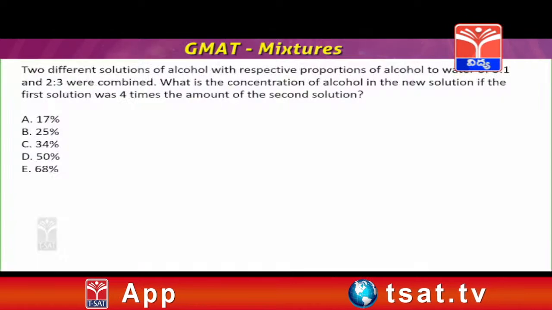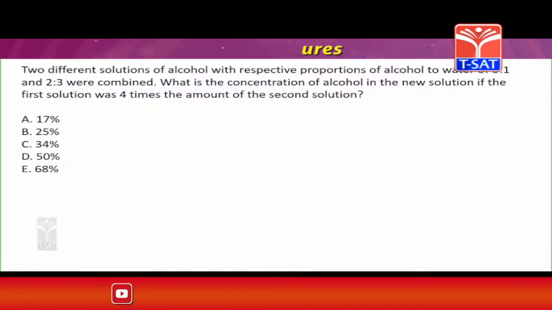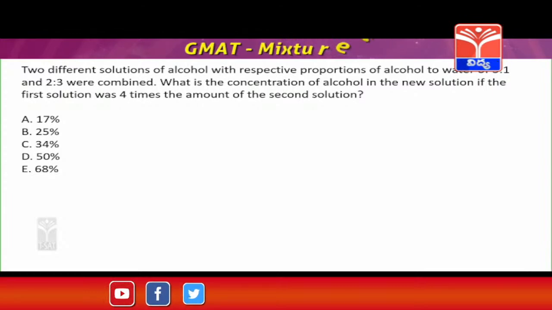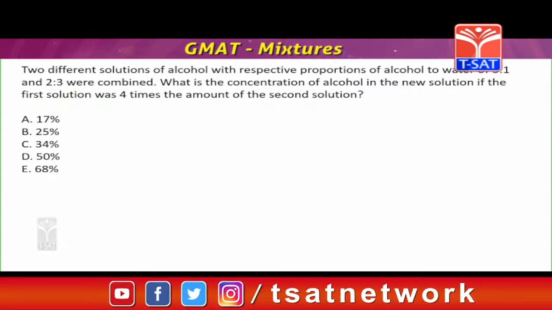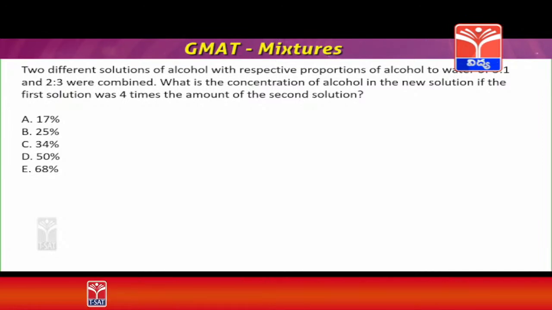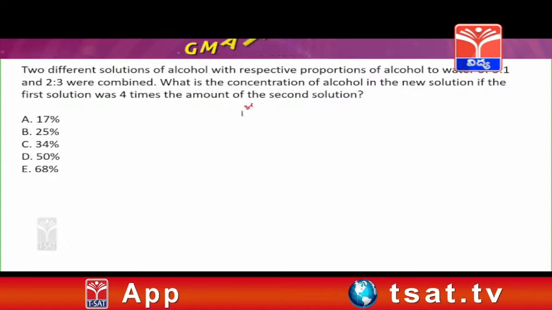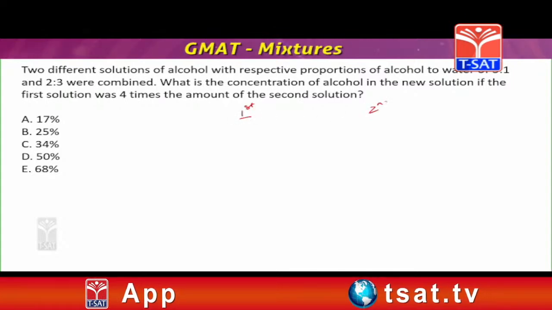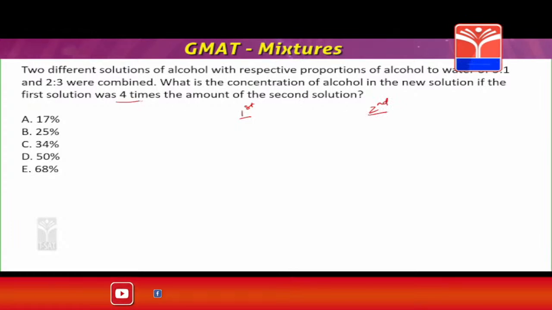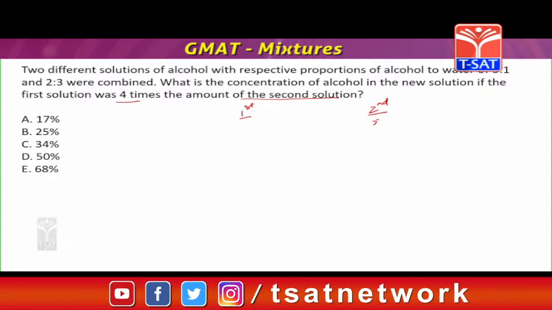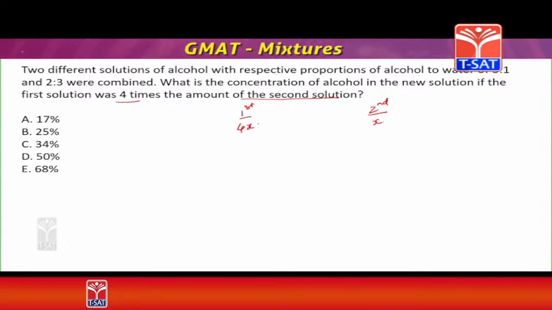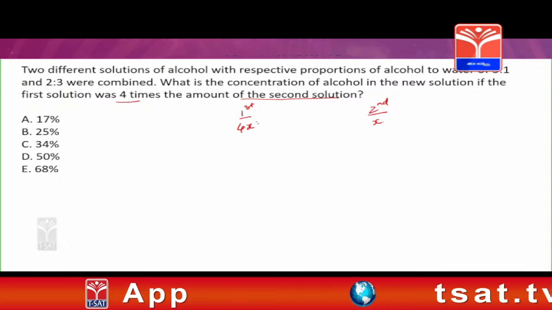Two different solutions of alcohol with respective proportions of alcohol to water of 3:1 and 2:3 were combined. What is the concentration of alcohol in the new solution if the first solution was 4 times the amount of the second solution? Okay. So, here we can take first solution and second solution. Since first solution is 4 times the amount of the second solution, let us say the second solution is x, then the first solution will be equal to 4x, the total volume.